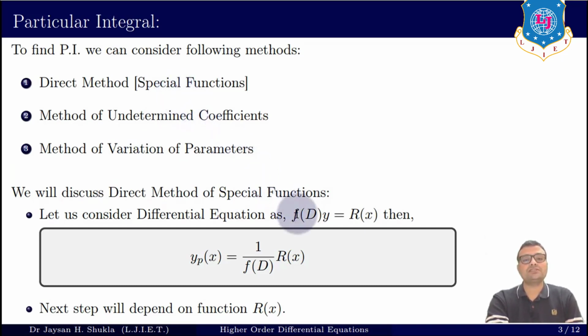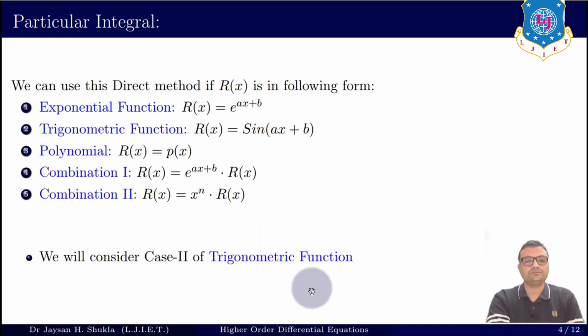Once we have this operator form f of D y equal to r of x, we can take a particular value of y as yp by transforming this as 1 upon f of D with r x. Then it depends on the value of this function. As I told you, it can be any standard function, and in this talk we'll consider it as sine or cos.